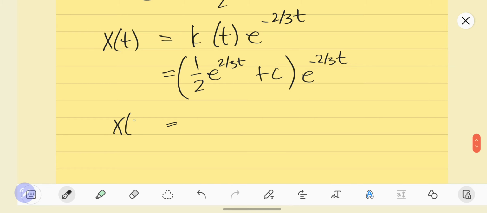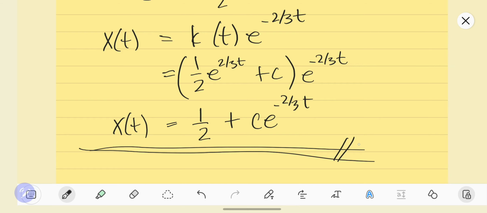So your x of t is 1/2 e to the 2/3 t times the e to the negative 2/3 t becomes 1/2, and then plus the c times e to the negative 2/3 t. So this is now your solution.